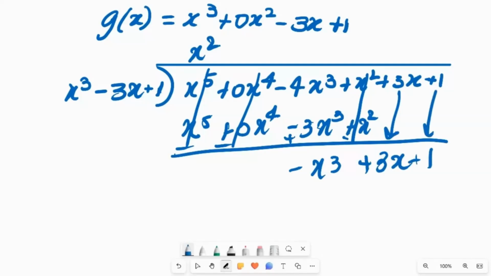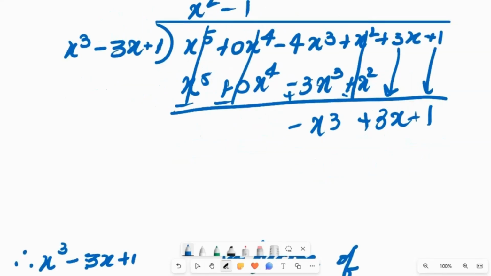So what is the number we need to multiply to the first term of g of x to get first term of p of x? It would be minus 1. So let's write minus 1 here and multiply minus 1 to x cube. You would get minus x cube. Next, minus 3x into minus 1 is plus 3x, and 1 into minus 1 is minus 1.